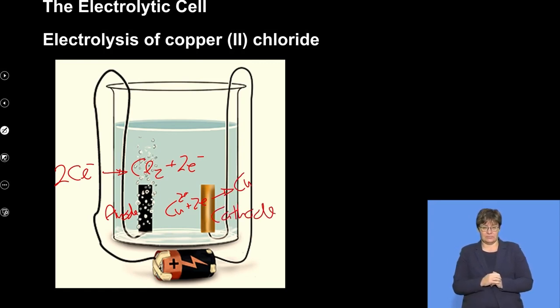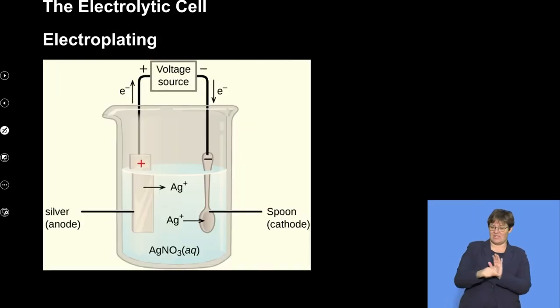And recognize something in this reaction is that unlike the galvanic cell, this one is positive, because it's the thing that is attracting the ions to the electrode, and this one is negative. So it's important to recognize that difference. Also recognize that galvanic and electrolytic cells look different.